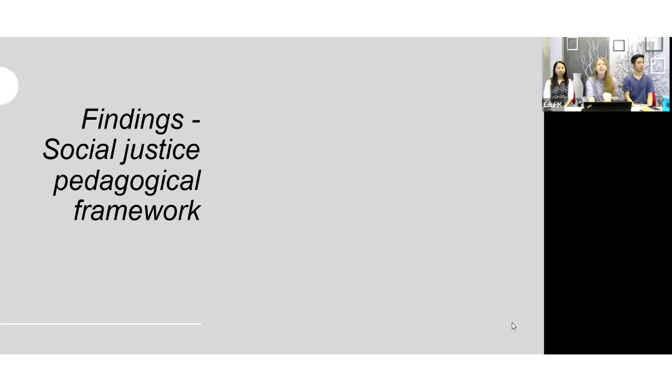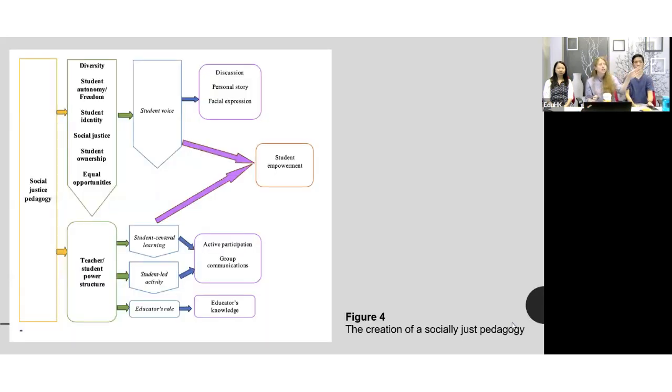I think one of the main considerations we have to give when we're talking about the social justice pedagogical framework is this. Here's an example of all of the different elements that were included in the framework.